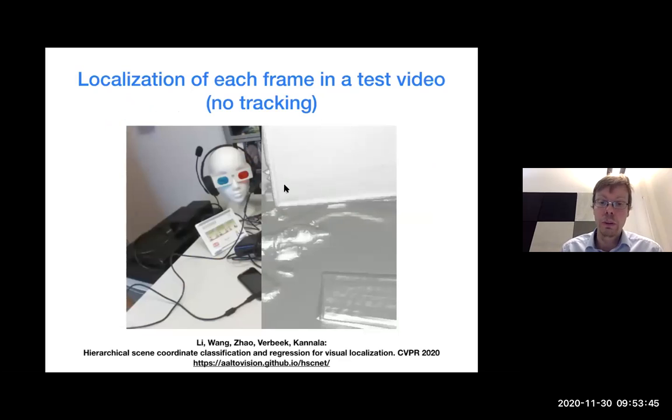So what we will show in this video is that on the left side, we show the raw color information from the current input image. And on the right-hand side, we render the 3D visual map from the viewpoint that has been estimated by our localization method. And if these seem to align well, then the localization is accurate. And here we localize every frame independently, so there is no tracking or odometry applied here.